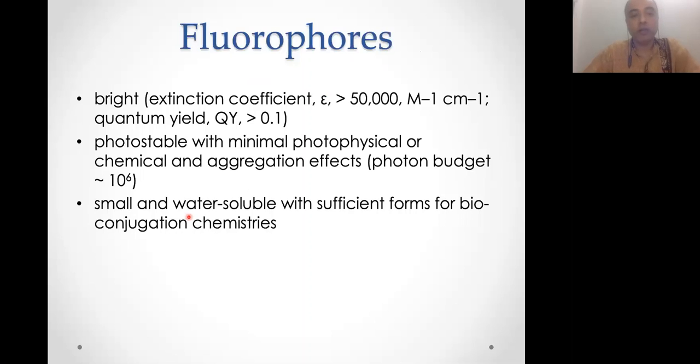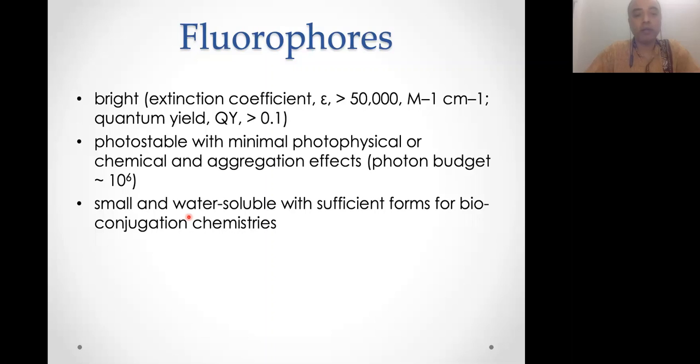So fluorophores: most of the time you don't want to take a simple dye that you have been using quite often. The reason you have been using it is because it's very easily available, easy to conjugate, and cheap. And if you use that dye, you might or might not see single molecules. It will depend on which dye you pick.